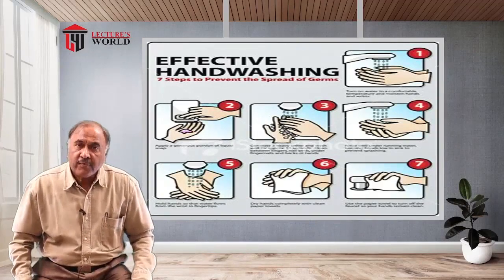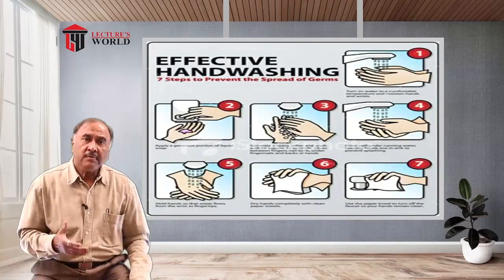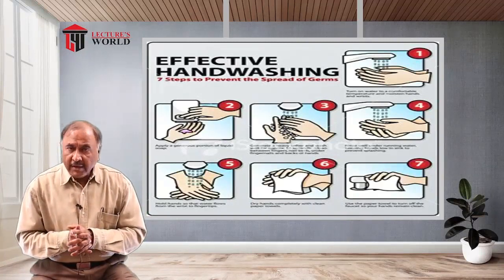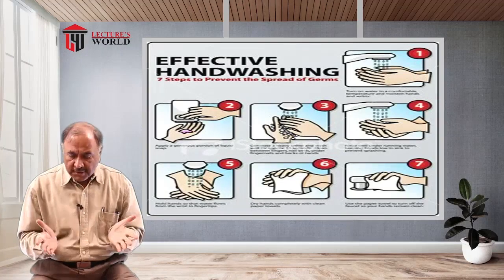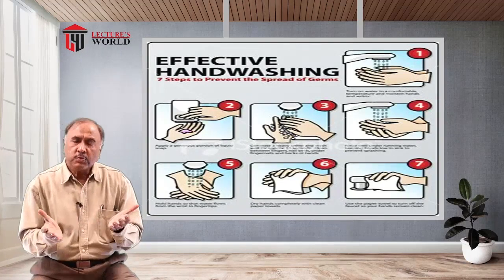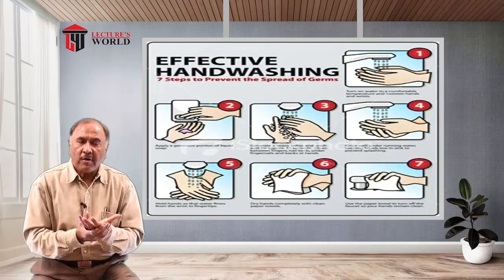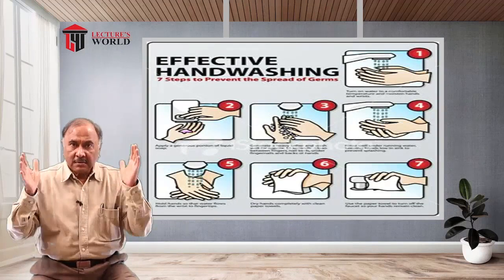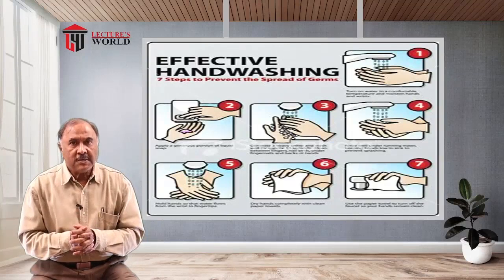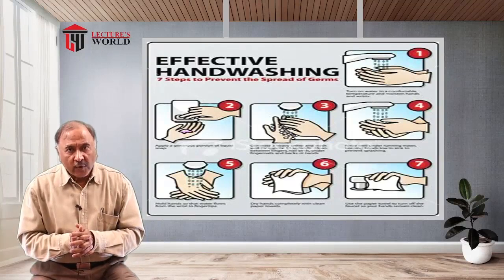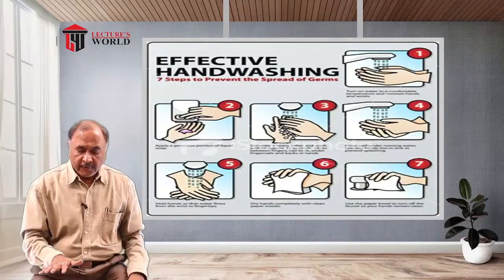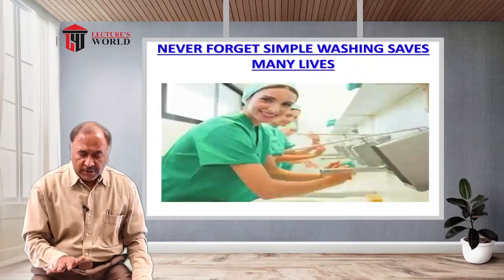And finally, wash them with running tap water. Finally, use clean towels to clean your hands, or you can use a special instrument where a hot air flow will be there and you can dry your hands. So this is how effective hand washing is to be done.